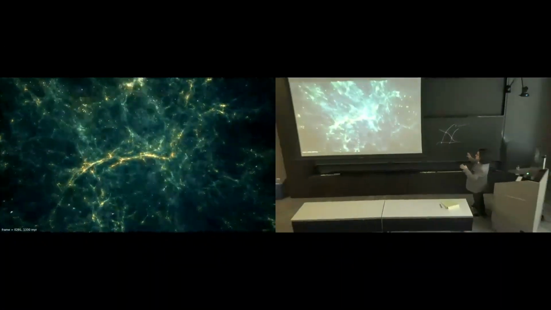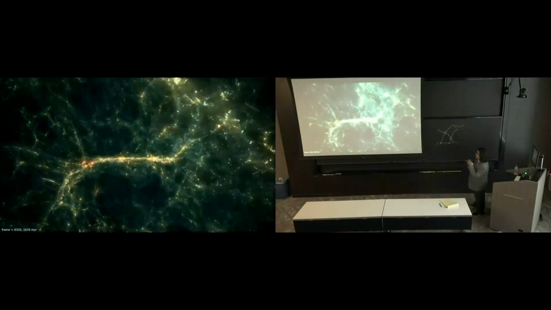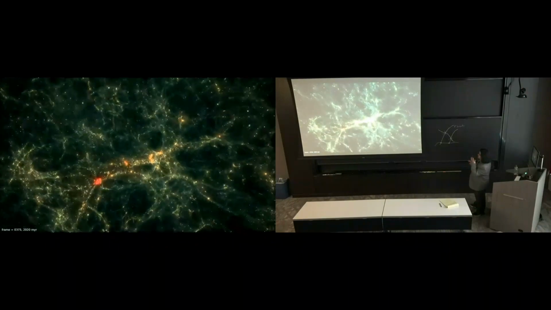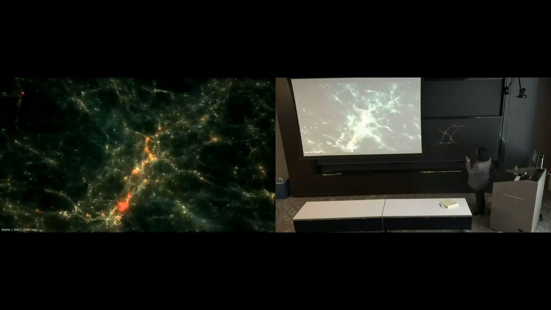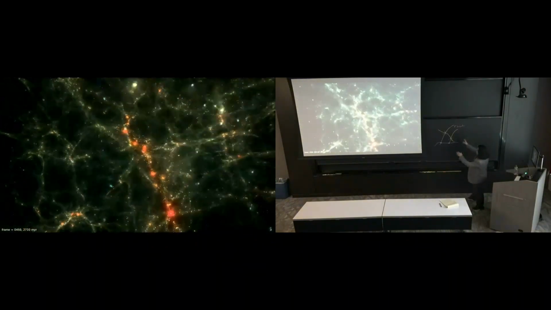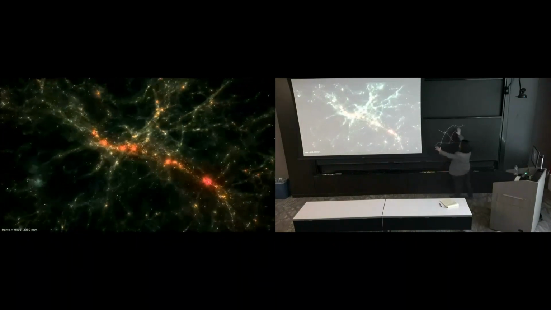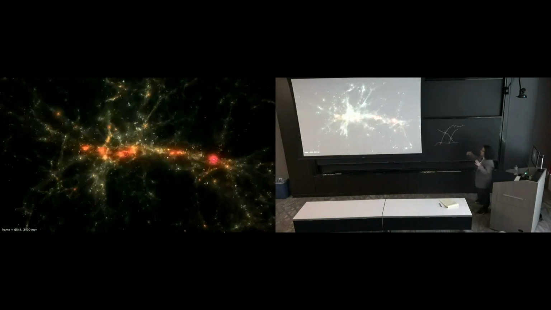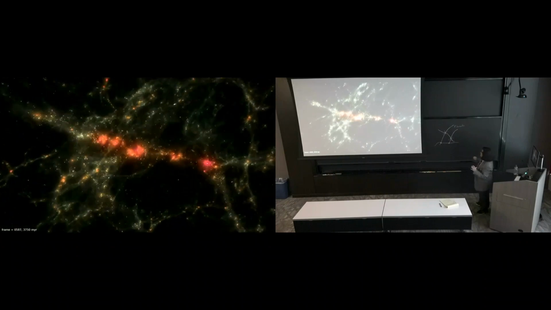All of the time scales are intertwined for the formation of structures of dark matter, these cosmic filaments, and the formation of stars, which we'll get to in a bit.